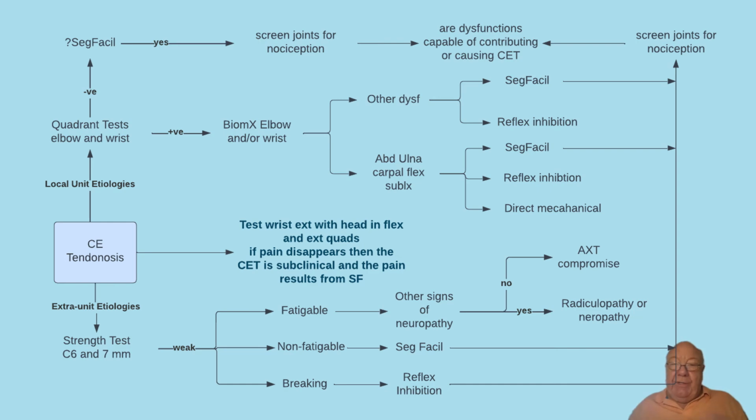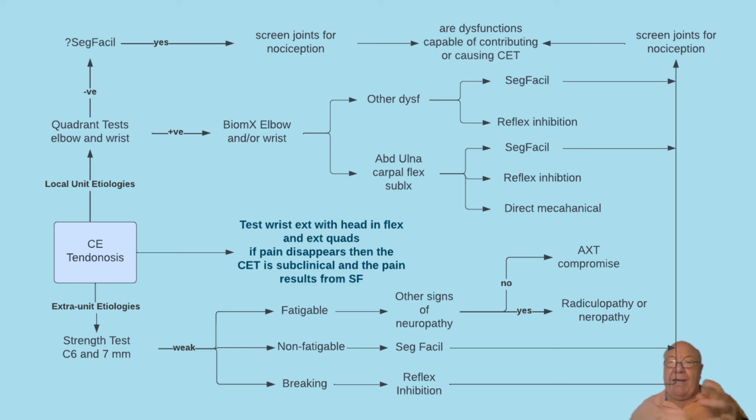If we go into the local unit etiologies, then we're going to be doing quadrant testing. So we quadrant test the elbow, we quadrant test the wrist. Now, if those quadrant tests are positive, we go horizontal from there, and we do a biomechanical exam of the elbow and the wrist.